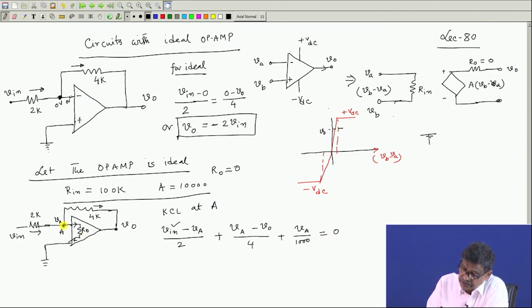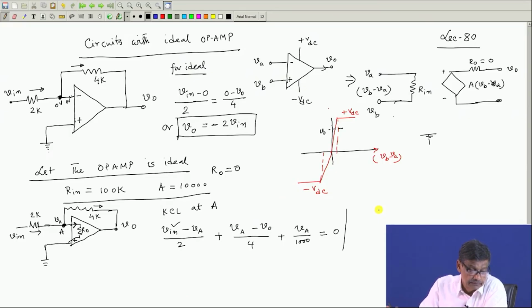Now, the question is, what is VA? If you see, this VA is this current drawn into R in. Therefore, I have to generate another equation to solve. What will be that equation?